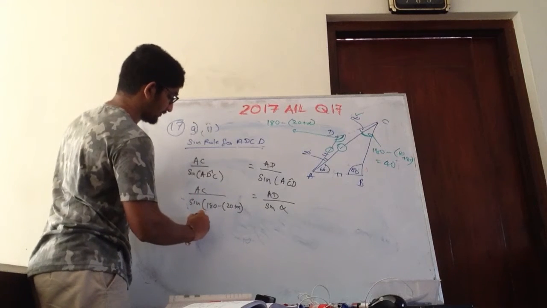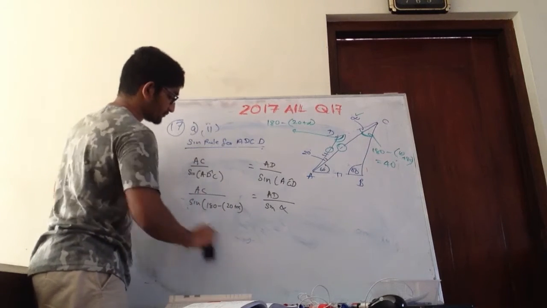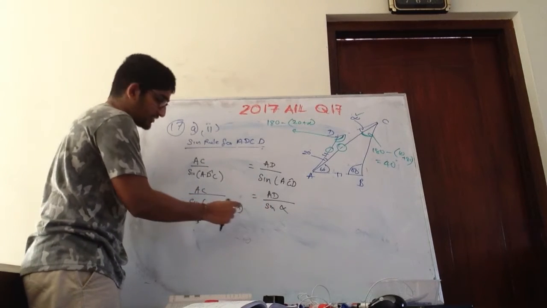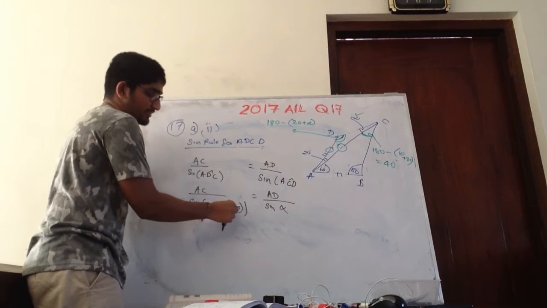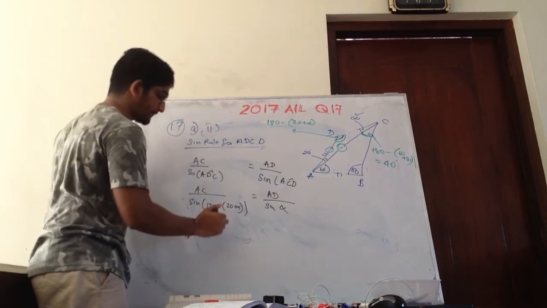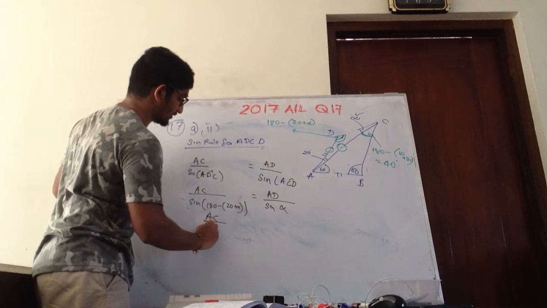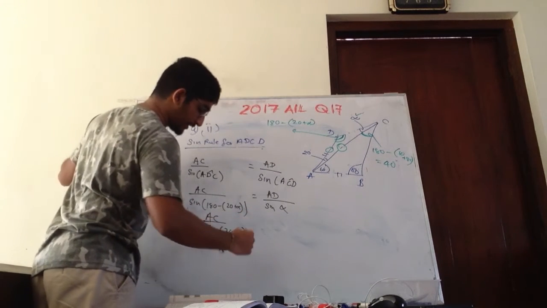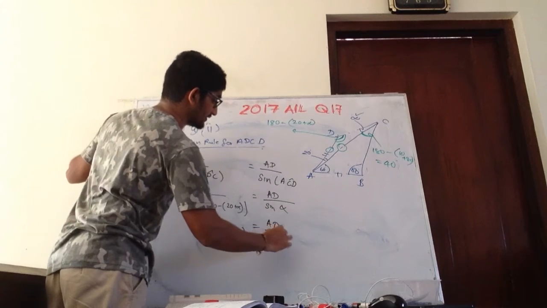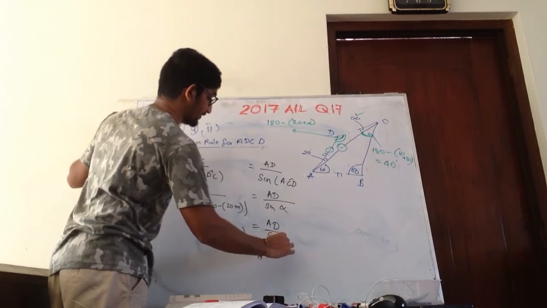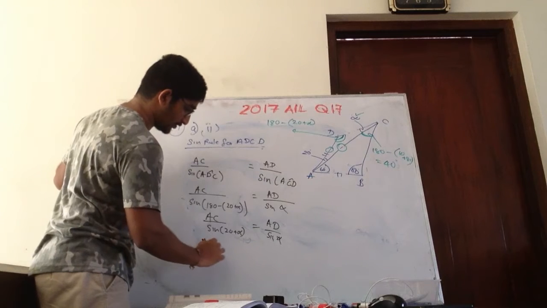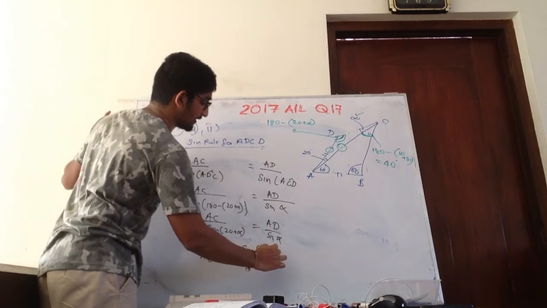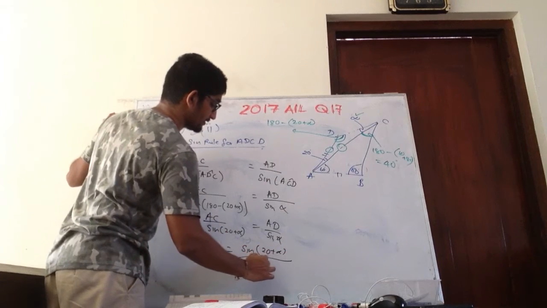Sine of 180 minus the angle is going to be the same as sine of the angle. You can write this as AC over sine(20 plus alpha) equals AD over sine alpha. Then you will get AC over AD as sine(20 plus alpha) over sine alpha.